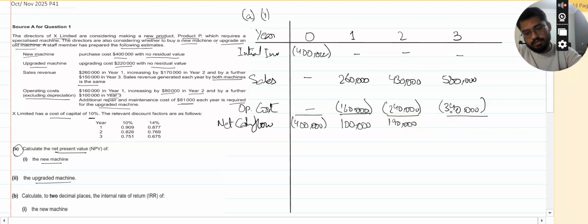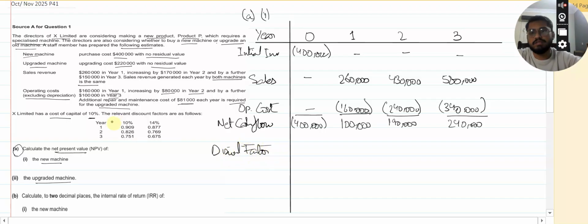And for year 3, this should be 580 minus 340. So this is $240,000. The next step over here is to multiply these numbers with the cost of capital, the discount factor over here.